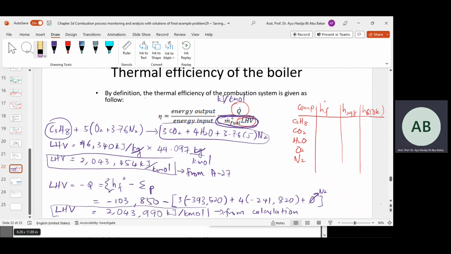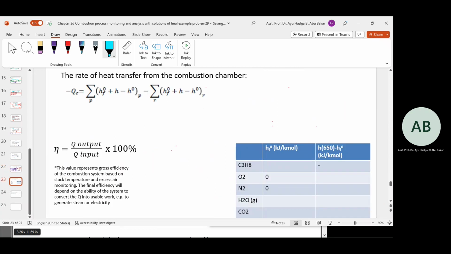Okay, try to proceed to find the Q over here, where you should find the info using this table. Then this is to find the Q out.